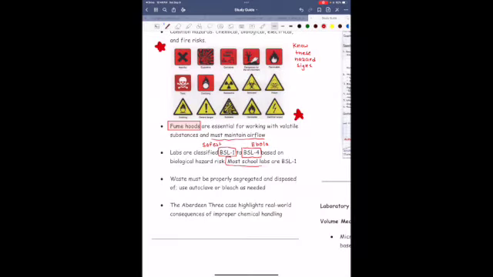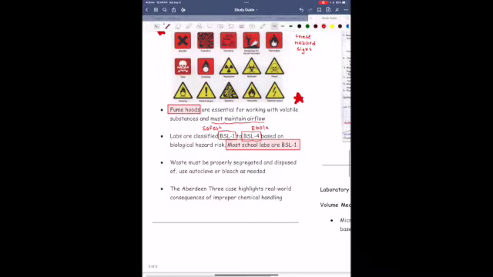Most school labs are not handling anything crazy, so these are going to be BSL 1. Waste has to be separated, or segregated, and disposed of using an autoclave. When in doubt, autoclave out. That's the gold standard. And if you don't have that, use a 10% bleach solution as needed.